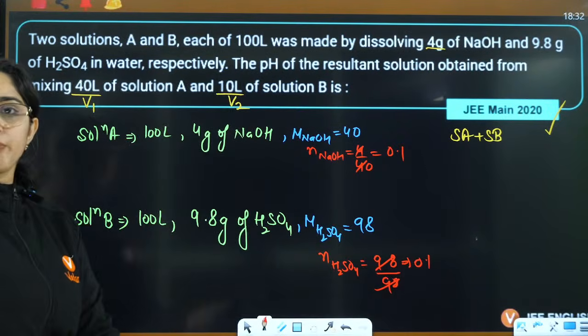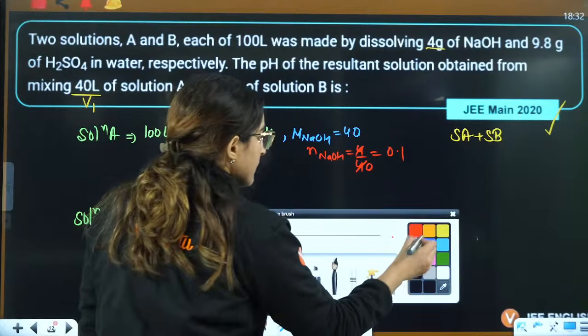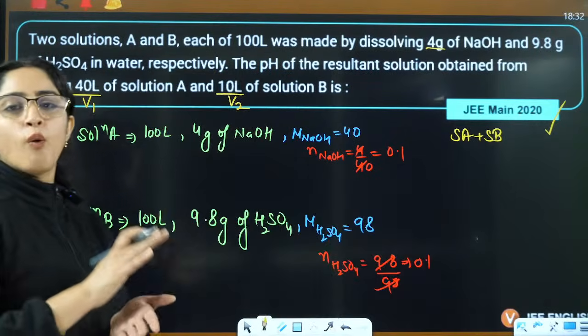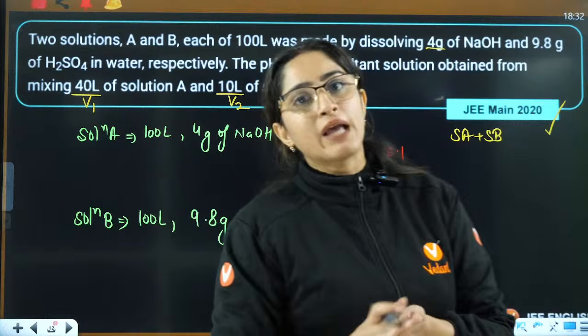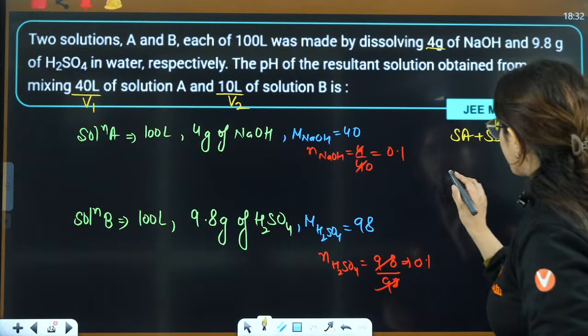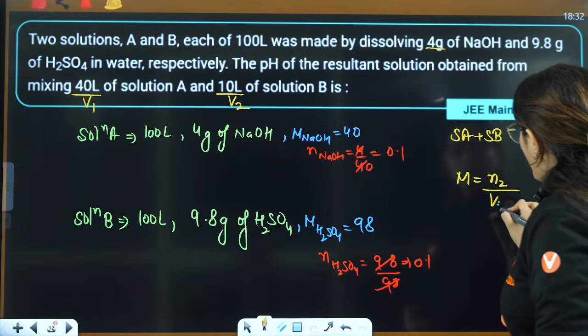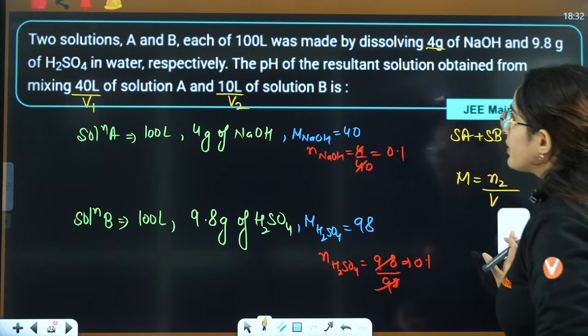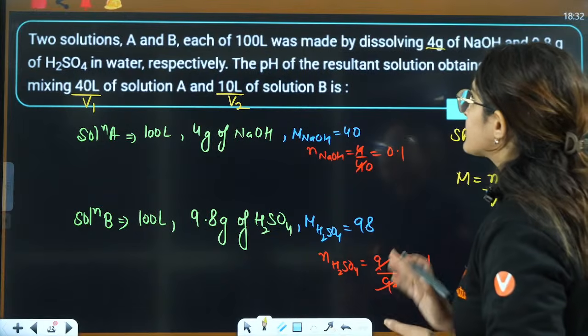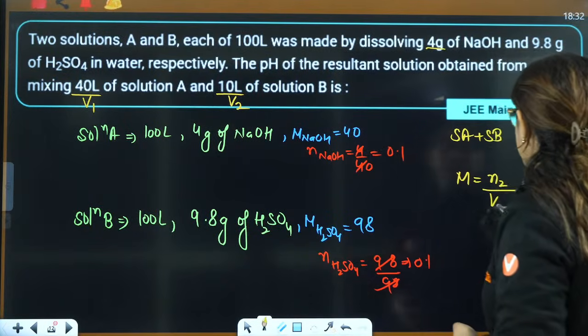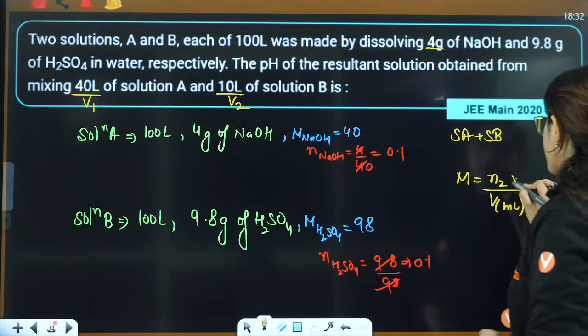So both of them are 0.1 mole. Now, what is the formula of molarity? Concentration is number of moles divided by volume in liter. If volume is given in milliliter, then I'll multiply by 1000.